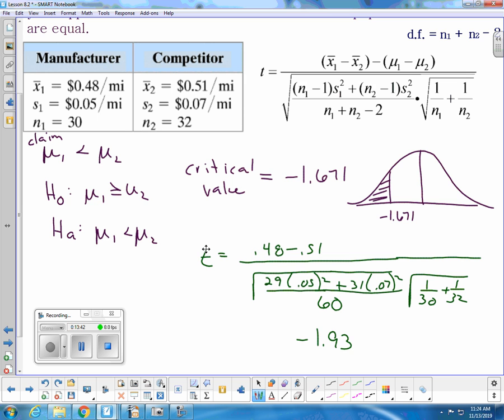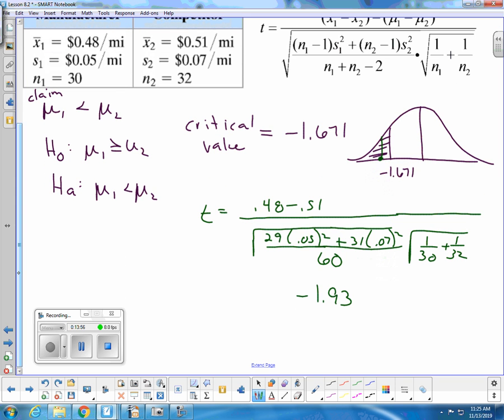So you get negative 1.93. Okay, if it's negative 1.93, it's right here. So we are in the rejection zone. So we have enough evidence to reject the null. Therefore, we have enough evidence to support the claim.